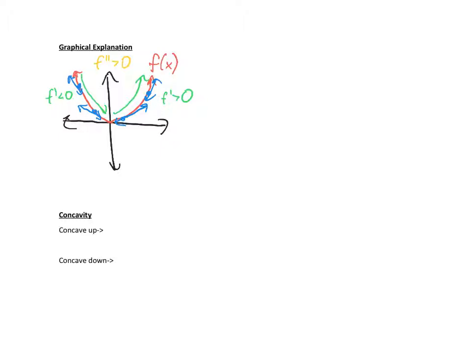What that shows is that if the second derivative is positive, the graph is concave up. So if a graph is concave up, the second derivative is positive.